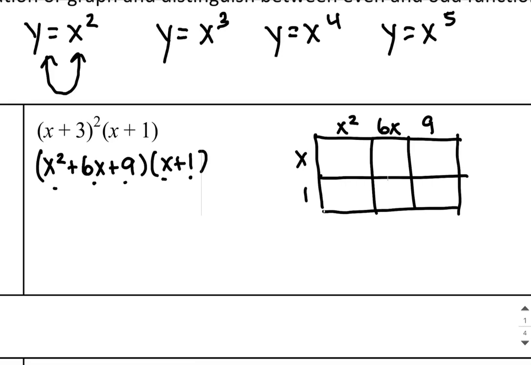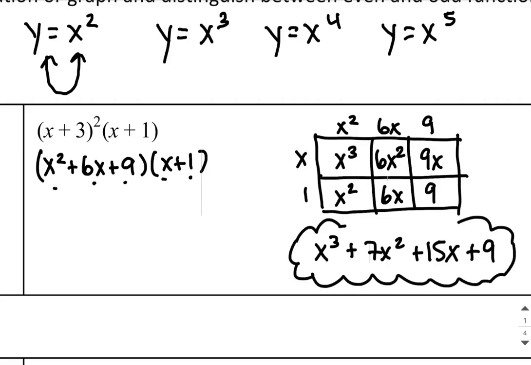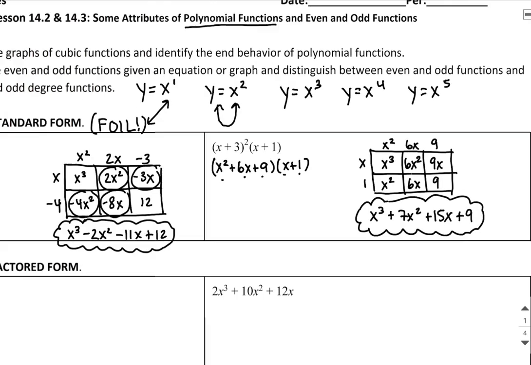Multiply all of this together, I get x cubed, 6x squared, 9x. 1 times all of this stuff is just all of that stuff. So x squared, 6x, 9. And then I add everything together. Starting with my highest power, I have x cubed. I have 7x squared. I have 6x plus 9x gives me 15x. And then I have that constant 9 at the end. And this is the standard form of that factored form.